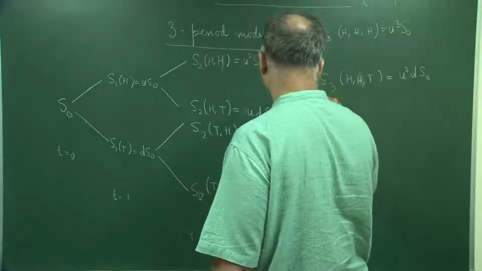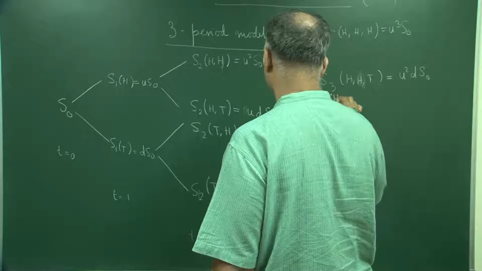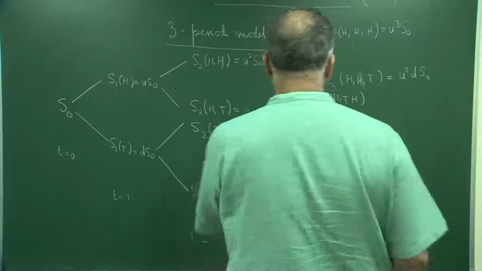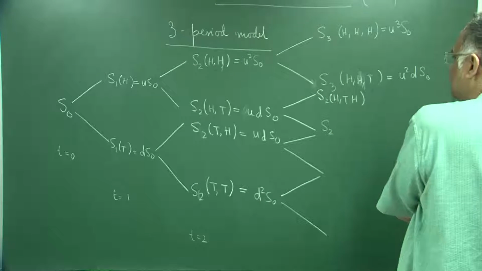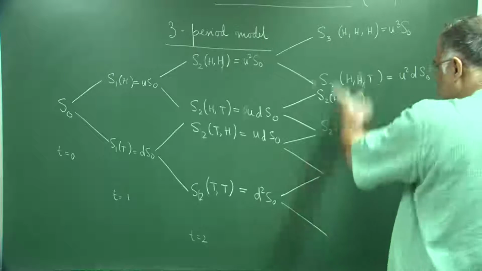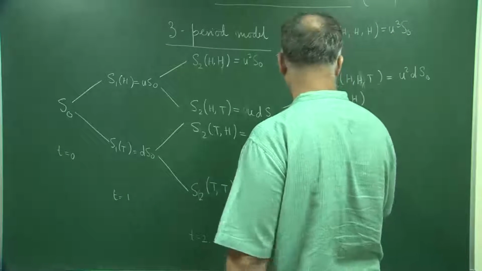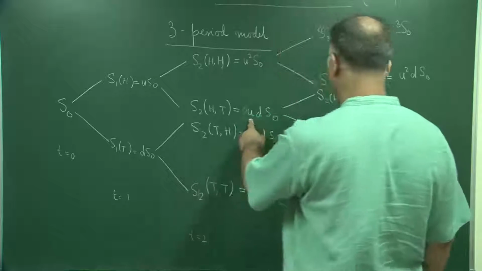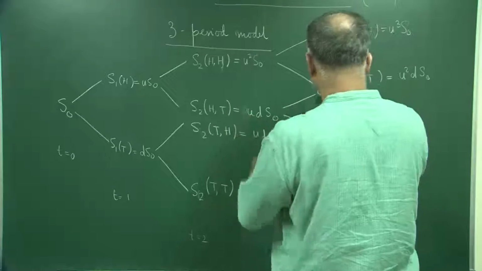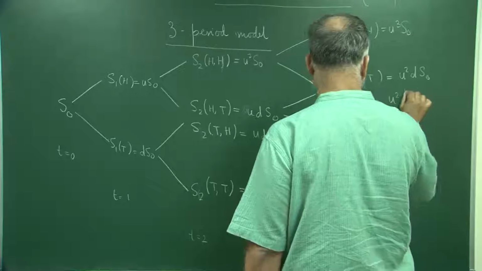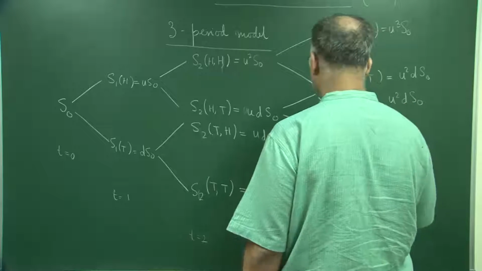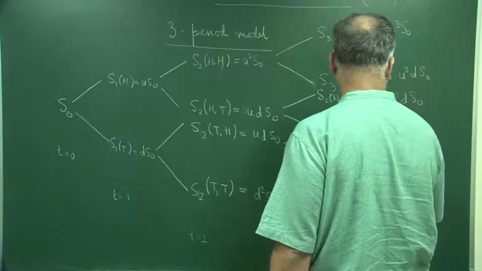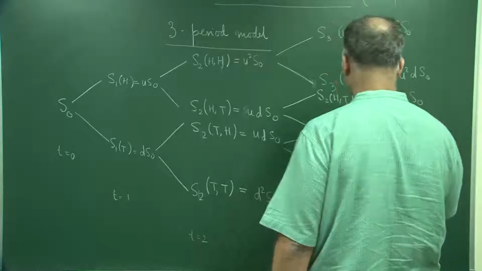Now, let us see what is this choice if I am on this branch. So, the two choices are S3 HTH. This is nothing but what happens if I toss 3 coins simultaneously or a coin 3 times. So, these are the outcomes, that is all, S3 HTT. So, if this happens, then from here it goes up, so it will become U square D S naught, and if it goes down, it will become U D square S naught.